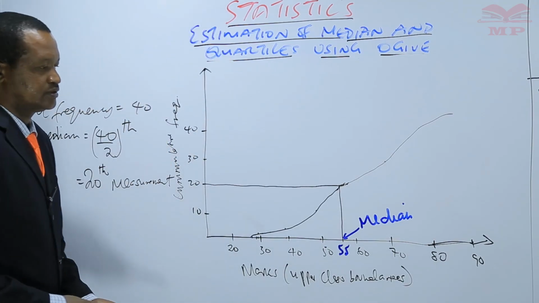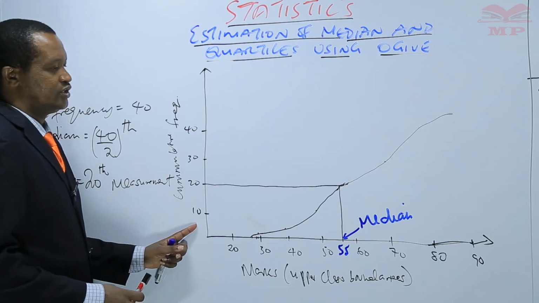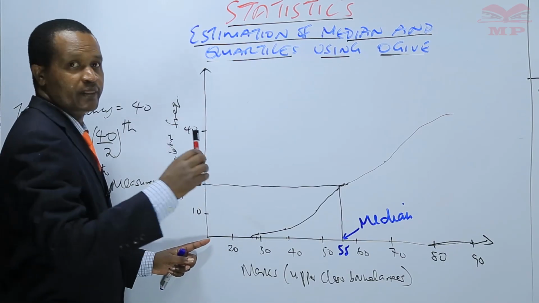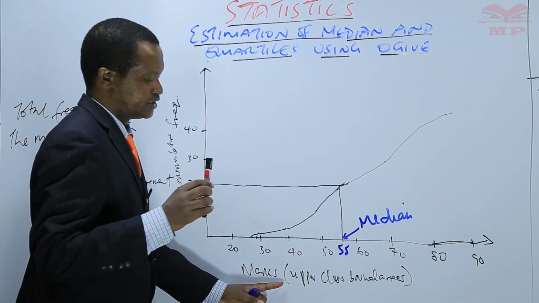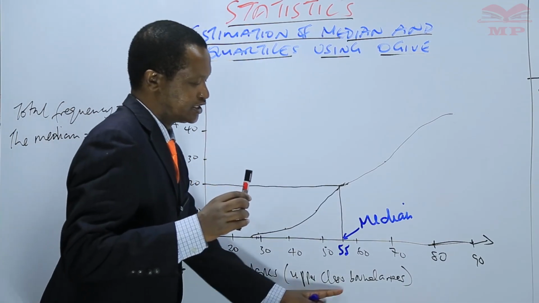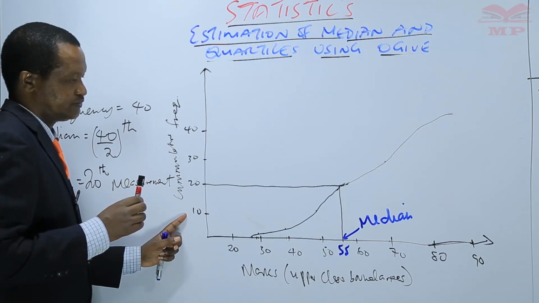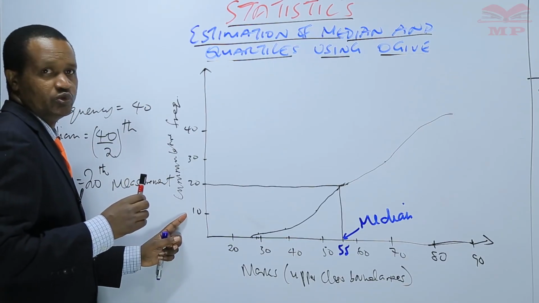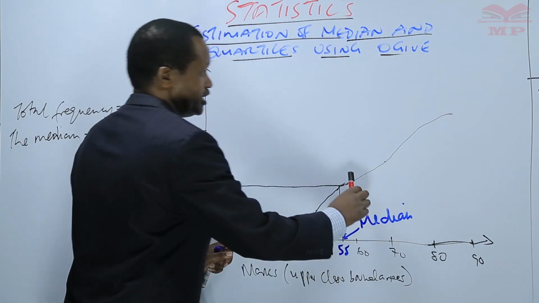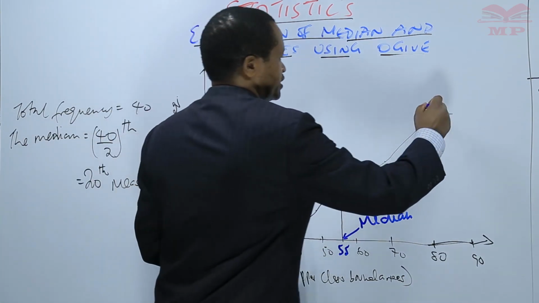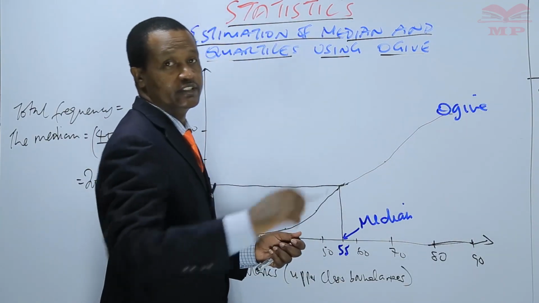So learners, first you plot a graph of the upper class boundaries against the cumulative frequencies. Then you draw a smooth curve. This is what we are calling an ogive, or a cumulative frequency curve.